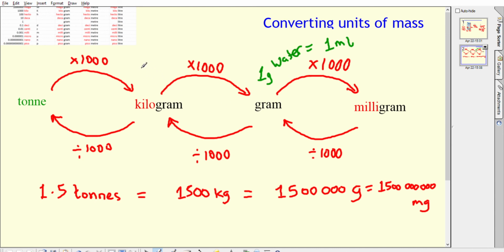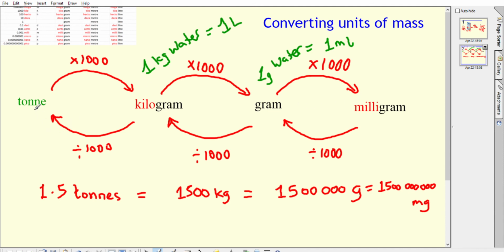So this would be 1 kilogram of water is equal to 1 litre. And so that means 1 milligram of water would be 1,000th of a milliliter. So that's tiny. There would actually be a unit for it, a microliter. But no one uses that.